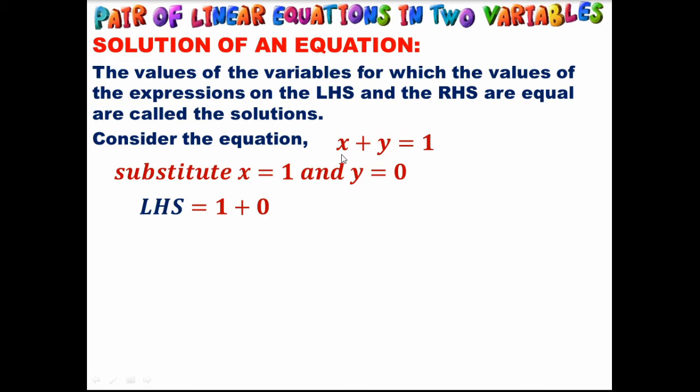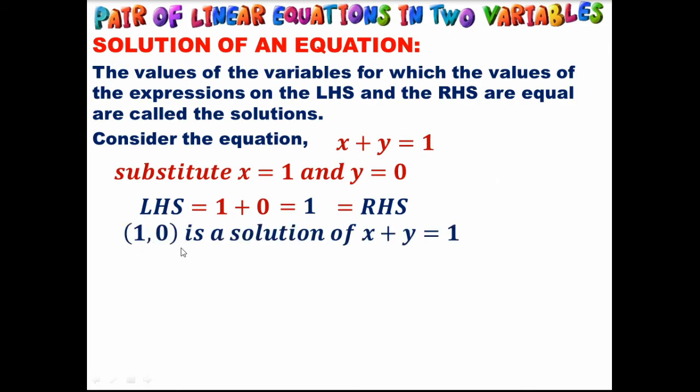The left hand side will be 1 + 0. When you add them, you get 1, and that 1 is nothing but the right hand side of the equation. So when I substitute x = 1 and y = 0, I see that the left hand side and right hand side of the equation x + y = 1 have the same values, right? Therefore, we can say the ordered pair (1, 0) is a solution of x + y = 1.